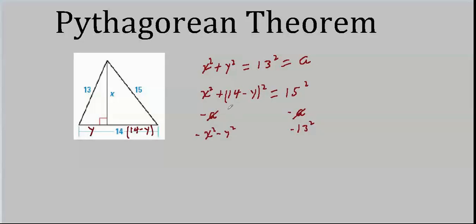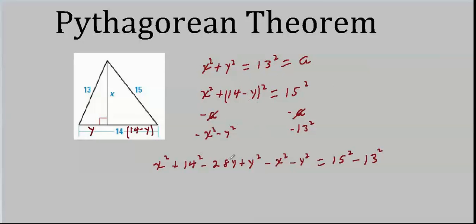Now if we were to subtract this expression from this side and this expression from this side, what do we end up with? Well, we have to expand this. If I expand this and include the fact that I subtracted this equation from this equation, the expansion of this is 14 squared minus 28y plus y squared.